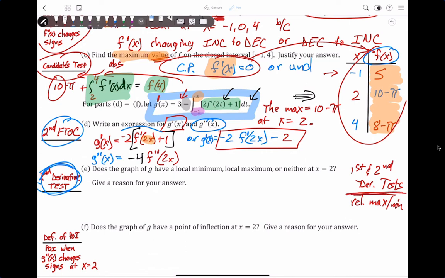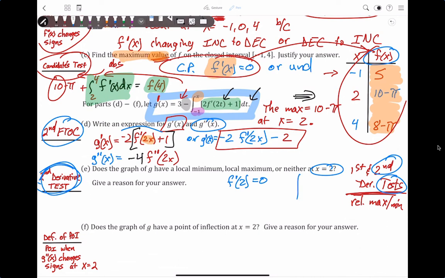We already know that the first derivative test will find a max when f prime of x changes from positive to negative. We know that f of x will have a relative min when f prime of x changes from negative to positive. But we forget sometimes how to use this second derivative test. Okay, the first stipulation for the second derivative test is that the first derivative, which in this case, the x value is 2, must equal 0.